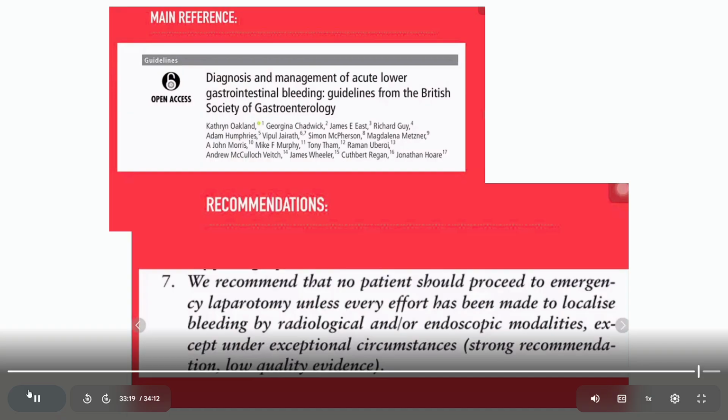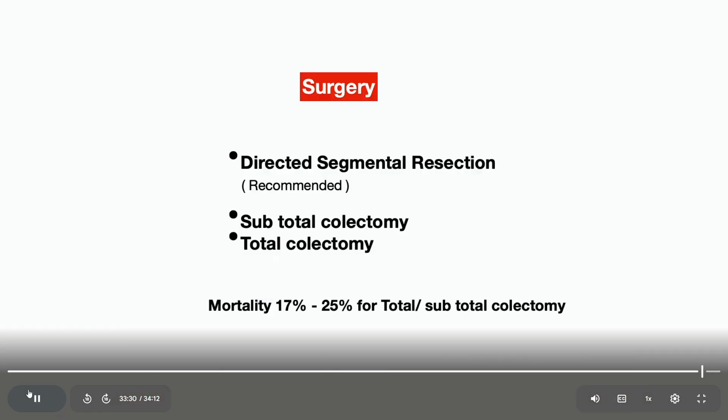Current guidelines recommend that no patients should proceed to surgery unless every effort has been made to localize the bleeding site. The recommended surgery to remove the involved bowel is a segmental resection of the involved segment of the intestine identified by the diagnostic modality as evidenced by its localization.